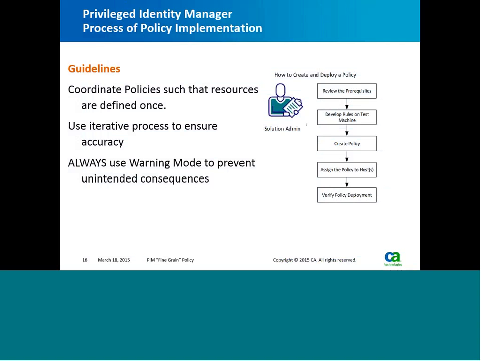A common problem that we see with a lot of our clients is they will define a file resource in one policy and then they define it again in another policy. What we're trying to say here is please refrain from doing that. If you define an object once in one policy, do not reference that object again in another policy.